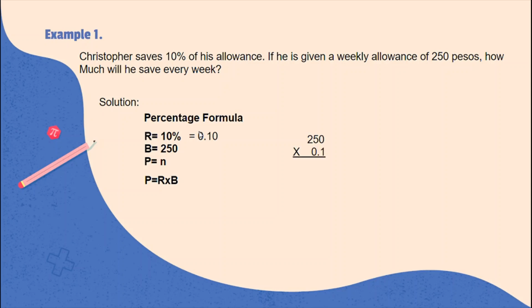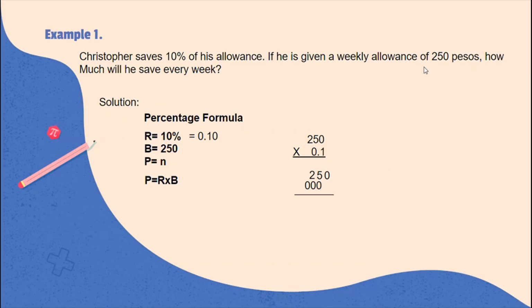Now, let us multiply 250 by 0.1. I'll just remove the 0 here, but it's okay. So let us multiply: 1 times 0 is 0, 1 times 5 is 5, and 1 times 2 is 2. Then 0 times 0, 0 times 5, and 0 times 2, that is 0.